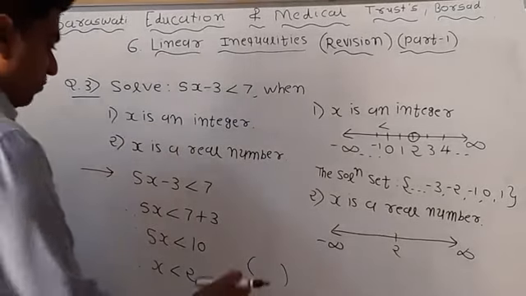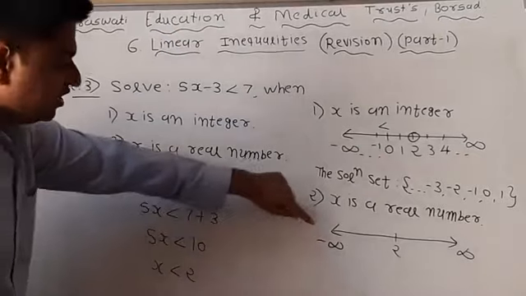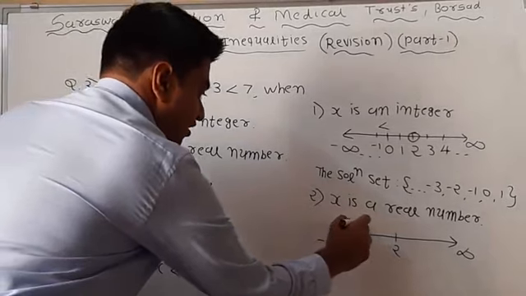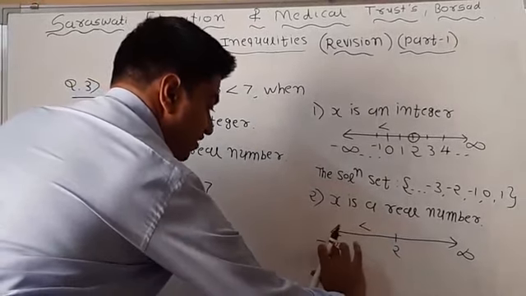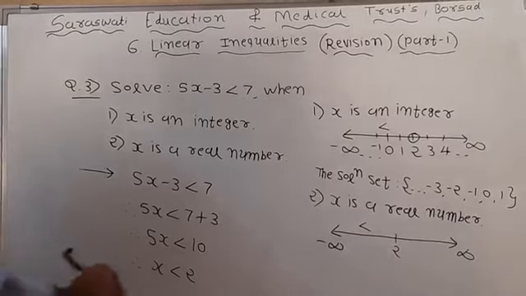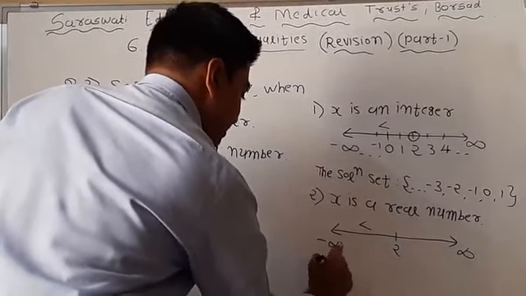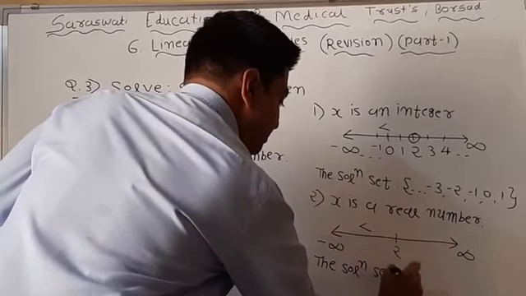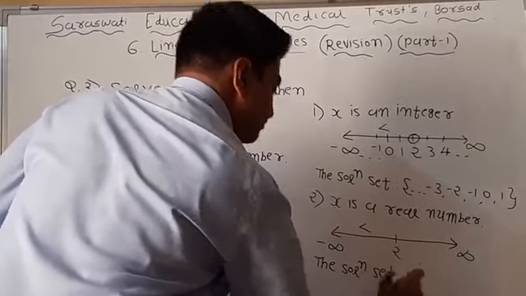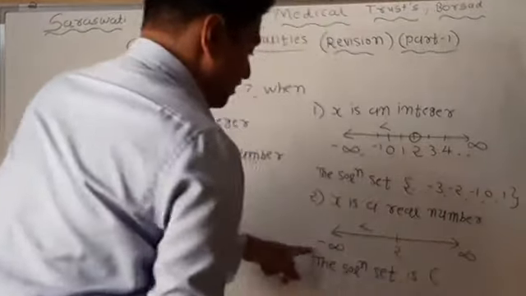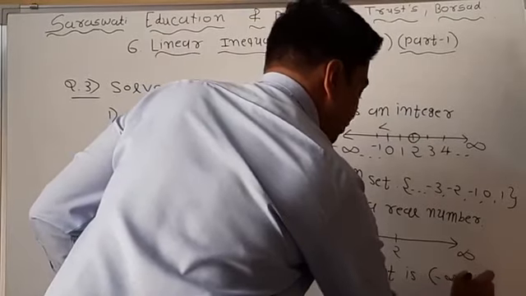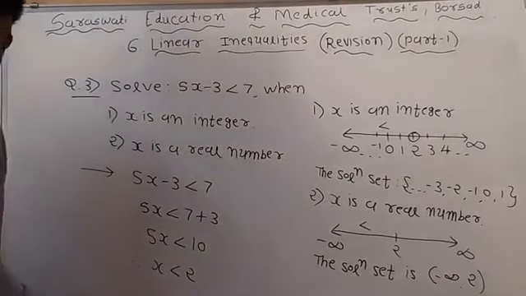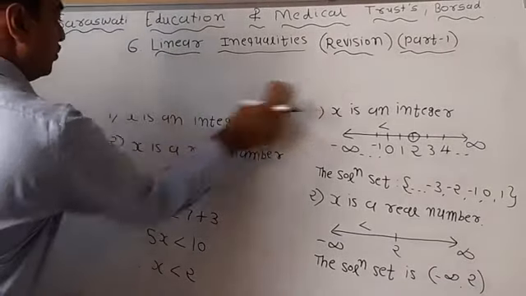So x less than 2, the less than symbol is present here. That means our answer is between minus infinity and 2. So the final answer is written this way: the solution set is the open interval minus infinity to 2. Clear? Okay.